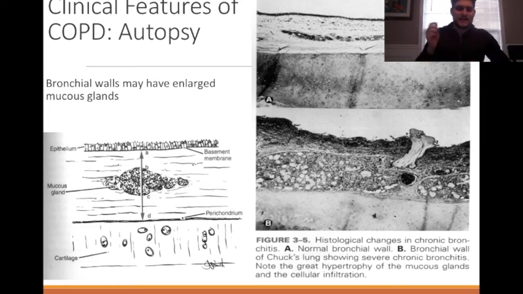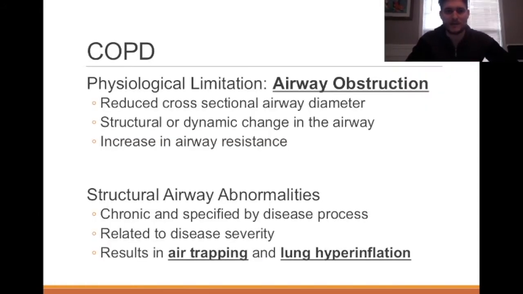It makes the alveolar wall thicker, that space that oxygen or blood gases have to diffuse across. It makes it thicker, and then you don't have as much diffusion. So all these things, hyperinflation, destruction of the alveoli, increased mucus production, are all negative things when it comes to the exchange of oxygen and carbon dioxide.